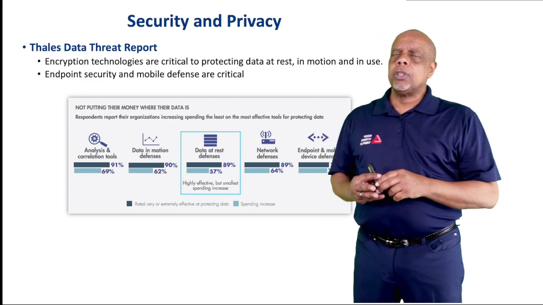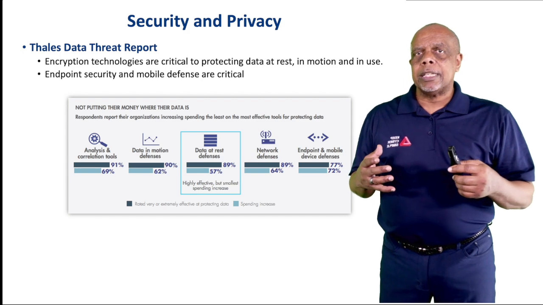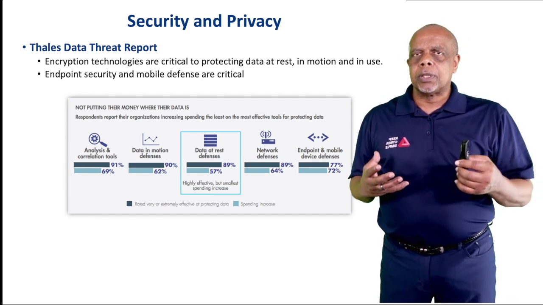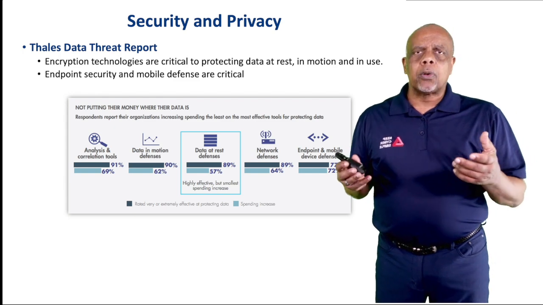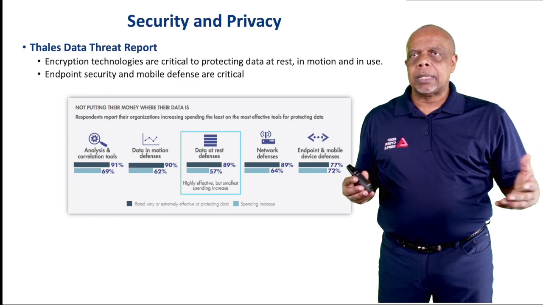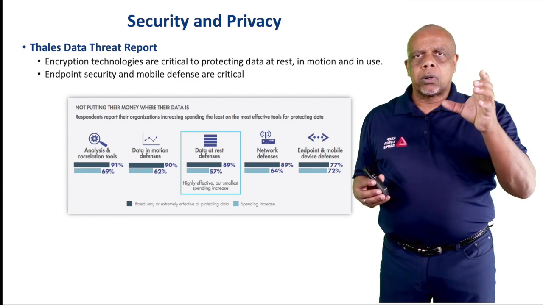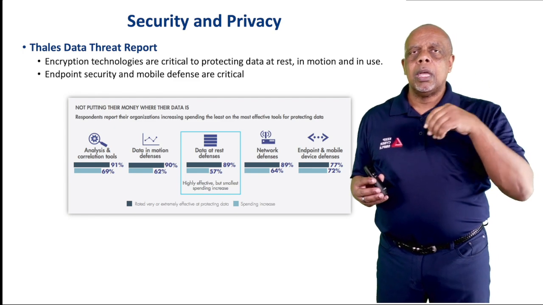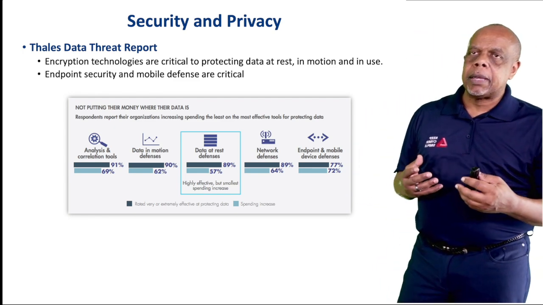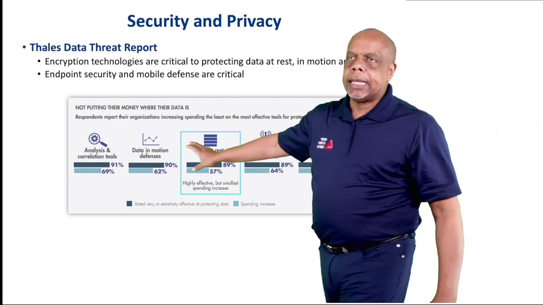But we want to ensure that we're using the right type of encryption so that that credit card number is encrypted with a strong, 256 bit encryption, some type of AES, advanced encryption standard, so that it is encrypted before it hits the wild out in the internet. My credit card number should never be in plain text or encrypted with some very weak encryption algorithm before it goes out. And that's why we use things like symmetrical and asymmetrical encryption to ensure that. And that's how we are protecting data in motion.